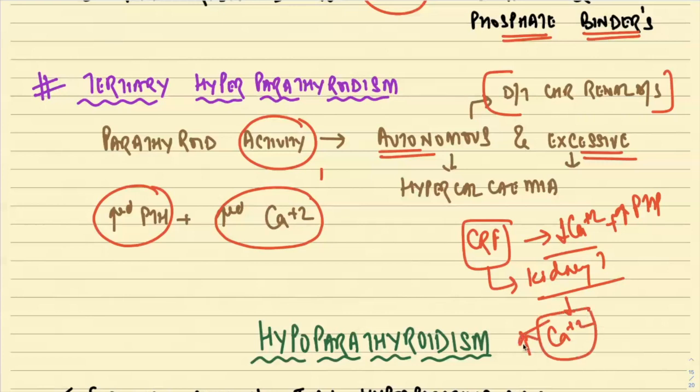The parathormone level should have gone down, but it also remained high. This is called tertiary hyperparathyroidism. Is this point crystal clear?